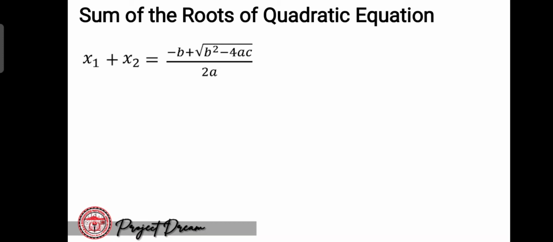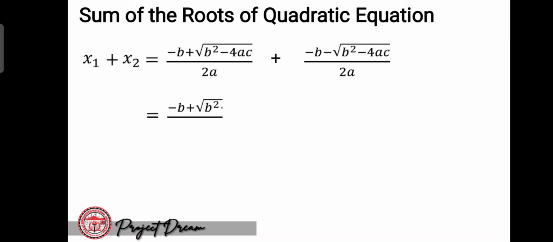So it becomes negative b plus square root of b squared minus 4ac all over 2a, plus negative b minus square root of b squared minus 4ac all over 2a. After this, let us combine the two. So it becomes negative b plus square root of b squared minus 4ac, minus b minus square root of b squared minus 4ac, all over 2a.